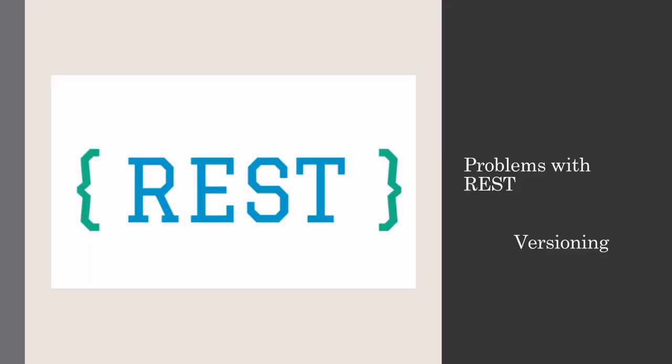Now the third problem is that we had to do versioning. In our software development lifecycle, whenever we evolve our application, we are always focused on keeping versions. The same thing happened with REST. Why?